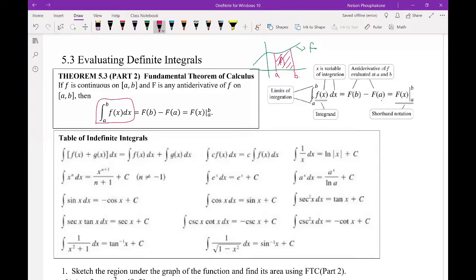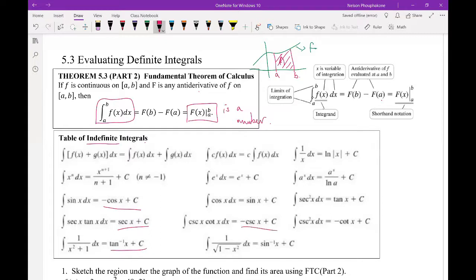Now here we have this table right here, which we call the indefinite integral. What is the difference between the definite integral and the indefinite integral? For the definite integral, the answer is a number. However, the indefinite integral gives us a function.